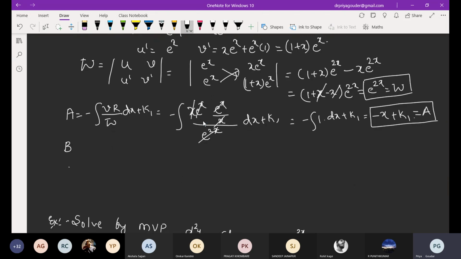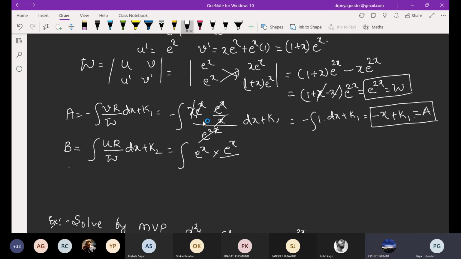What is the formula for B? A is minus, B is plus. A contains V, B contains U. Other quantity is same, because throughout the problem we have one R, one W. No, we cannot change. What is U? e raised to x.